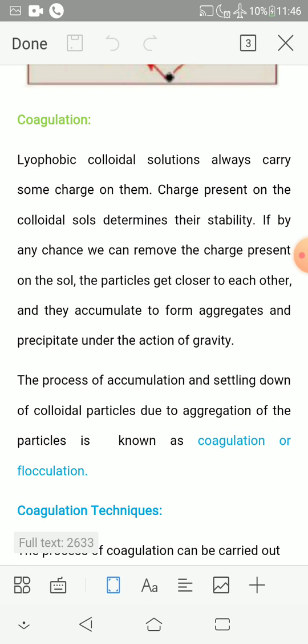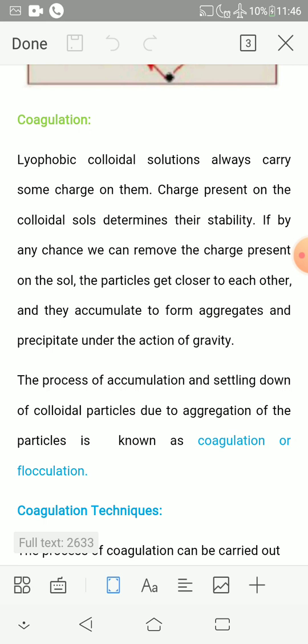Coagulation is the process of accumulation and settling down of colloidal particles due to the aggregation of the particles. It is known as coagulation or flocculation.